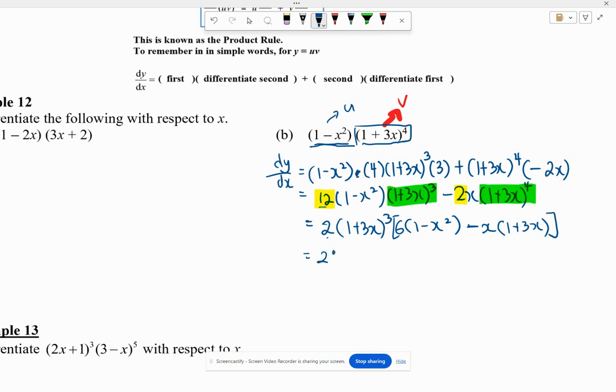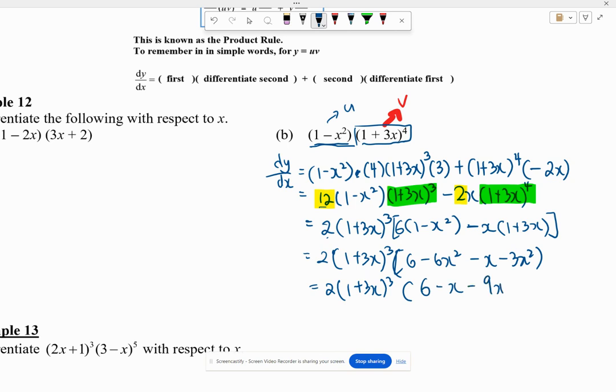Alright, and then simplify inside the square brackets. And we get this 6 minus x minus 9x squared.